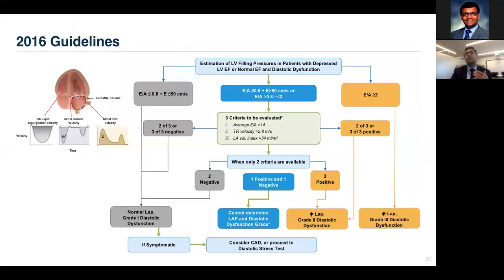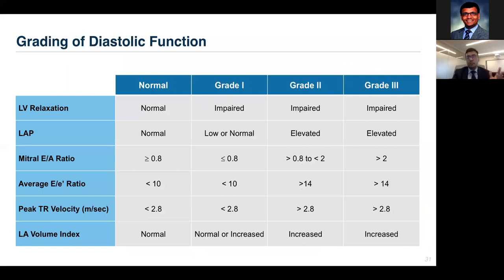Now, to look into the grading of diastolic dysfunction, you have this complex pathway schematic. But if you look at the schematic overall, it looks complicated, but it's pretty simple in terms of how it follows. Let me simplify it here for you.